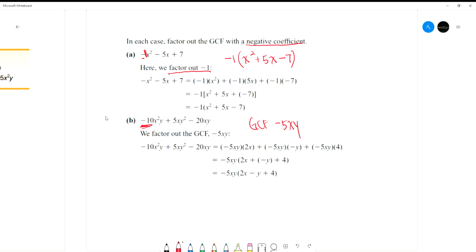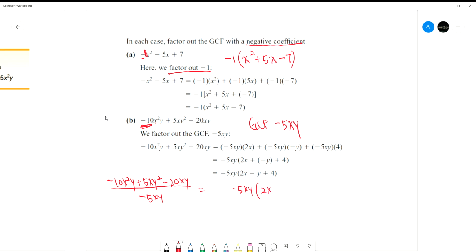So when you divide it out, you're basically doing negative 10x squared y plus 5xy squared minus 20xy, and we divide it by negative 5xy. So when you do that, what do you get? Negative 5xy is the GCF times parentheses. What's our first term? Negative 10 divided by negative 5 is positive 2, right? And then we have x.